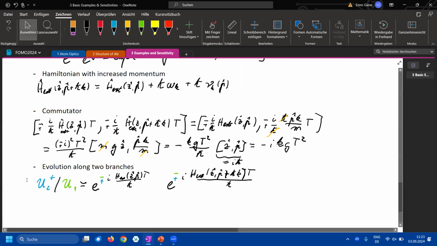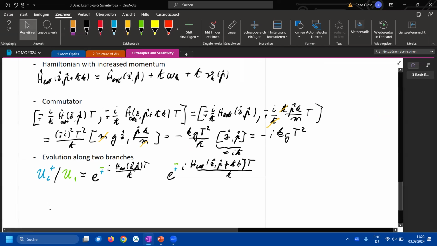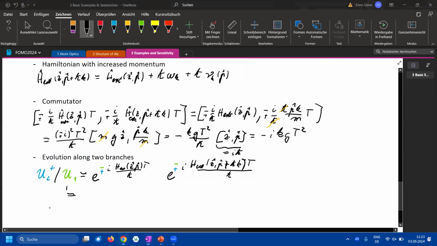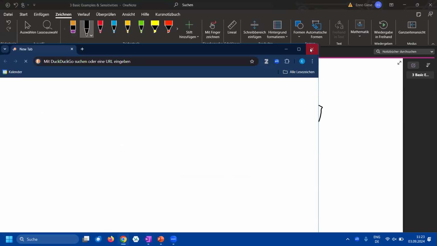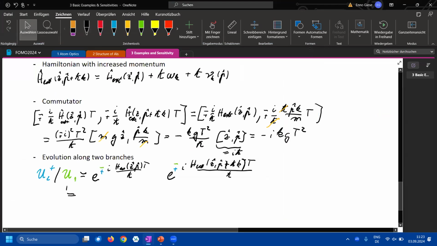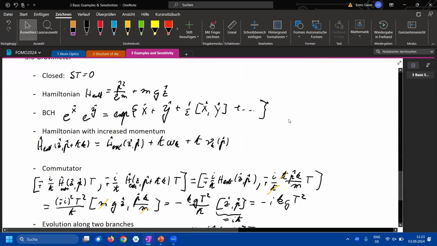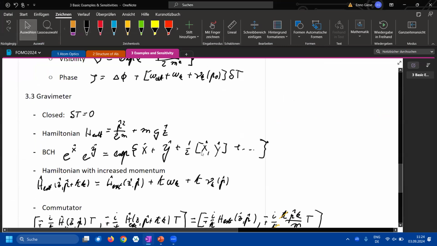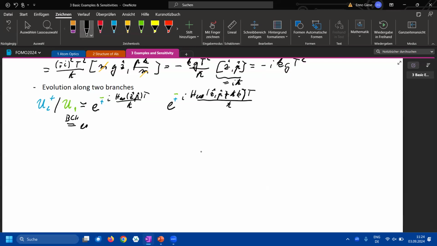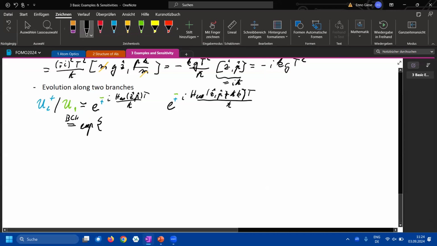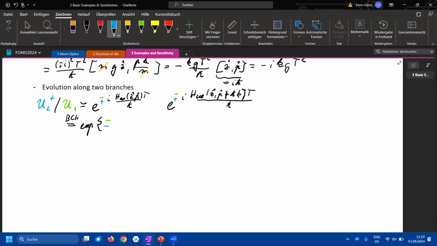And now I just apply Baker-Campbell-Hausdorff. And so what we see now, Baker-Campbell-Hausdorff, is just the sum of both Hamiltonians, X plus Y, plus the commutator. And so we can write this as the exponential of, again, minus or plus.